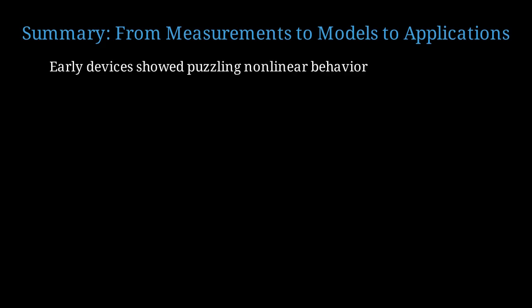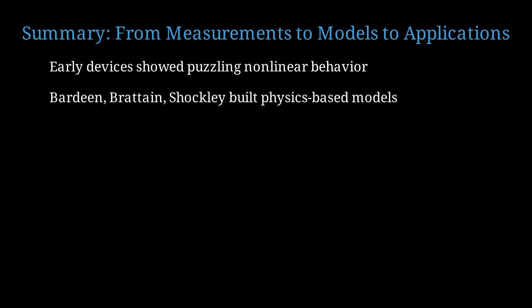Let me summarize what we've learned about fitting transistor characteristics. The early transistor-like devices showed puzzling nonlinear behavior that couldn't be explained by simple resistor models. Bardeen, Brattain, and Shockley built models based on quantum mechanics and semiconductor physics. These models had a small number of parameters that could be extracted from measurements.